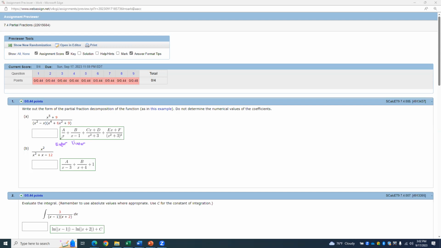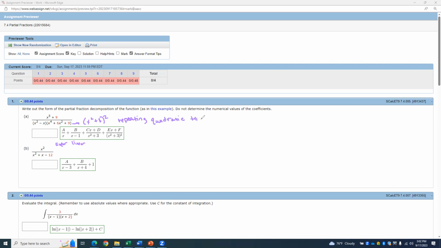However, x to the 4th plus 6x squared plus 9 actually factors further into x squared plus 3 times x squared plus 3. So when we have something like x squared plus 3 squared as a factor in our original expression, that means this is a repeating quadratic term.